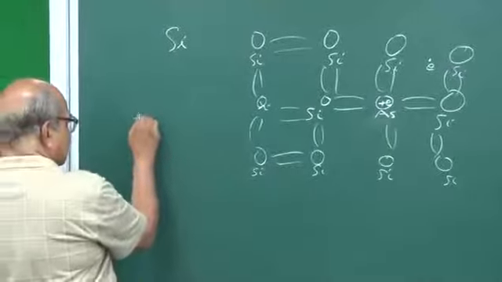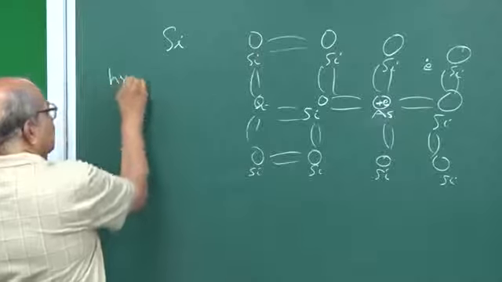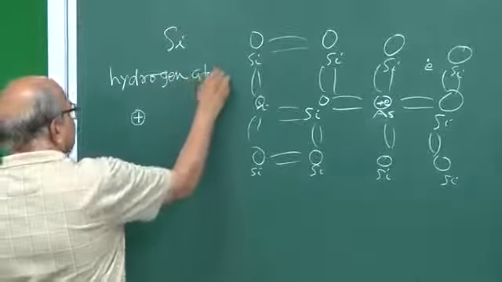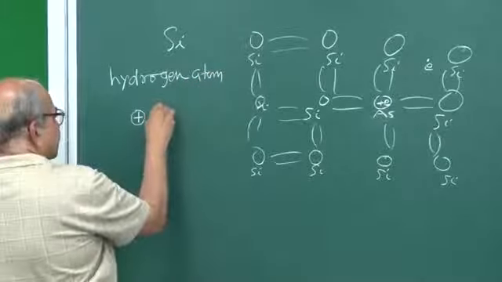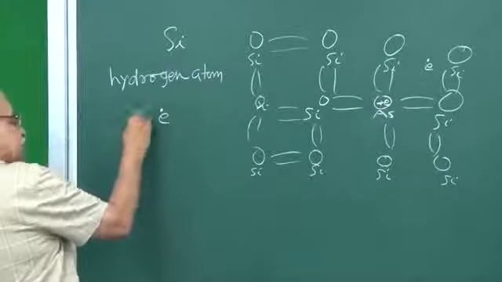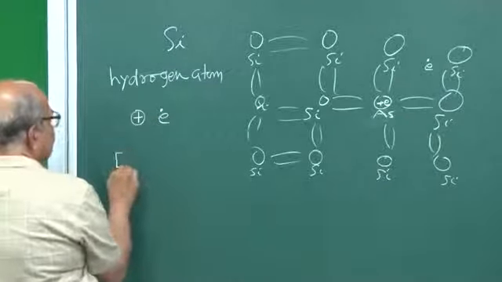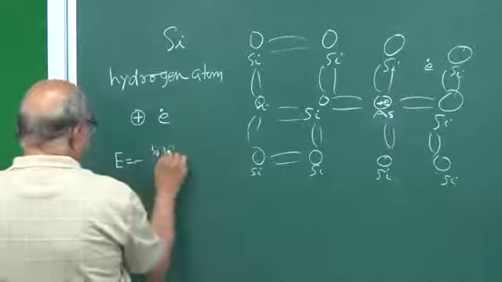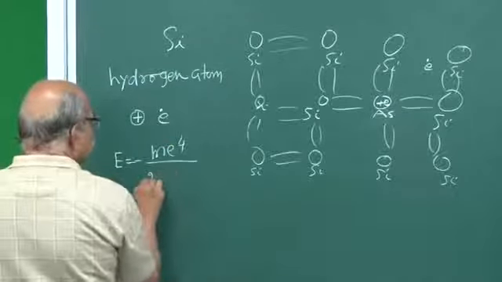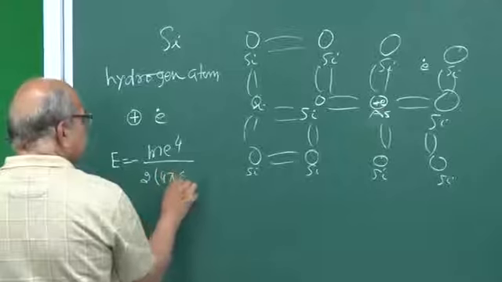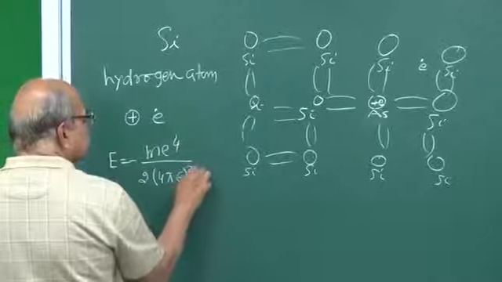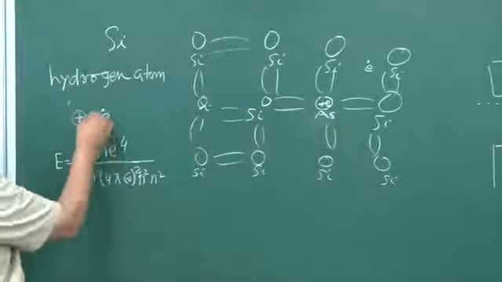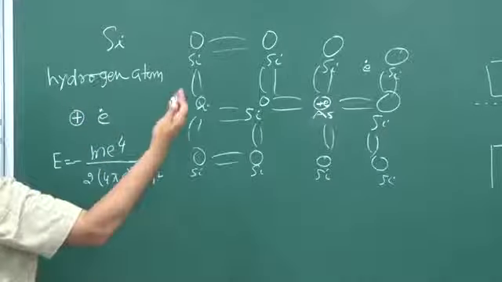Hydrogen atom, you remember, and then the electron. If this electron is in the field of the proton, you have energy given by minus m e^4 over 4 pi epsilon naught squared, h cross squared, n squared. So it is bound by this energy, where n can be 1, 2, 3, 4.